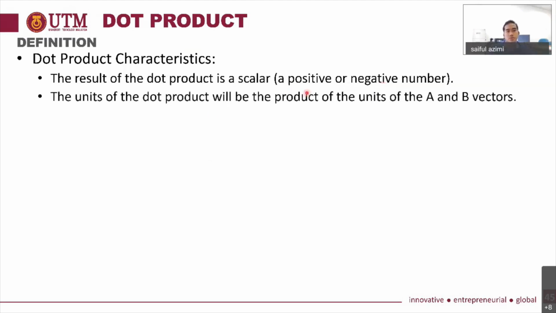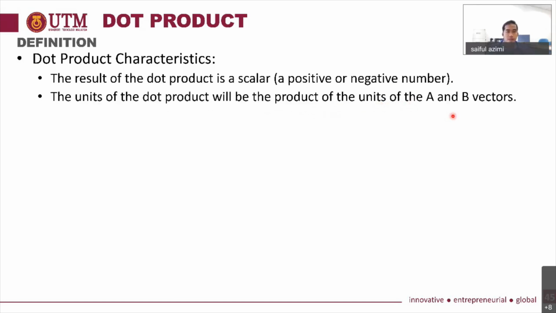Right. The units of the dot product will be the product of the units of the A and B vectors. So to define the unit of your dot product, it is the same as the vector. If your vector is a force vector, your unit is Newton.